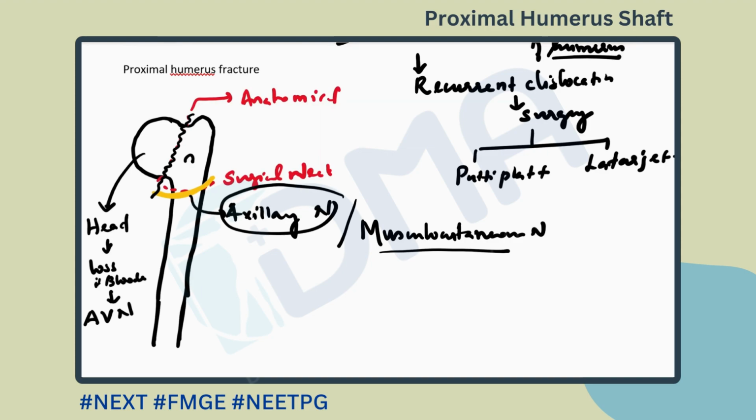That is the importance of the anatomical neck. So when a fracture occurs through the anatomical neck, the head of the humerus can lose its vascularity, resulting in a condition called avascular necrosis.